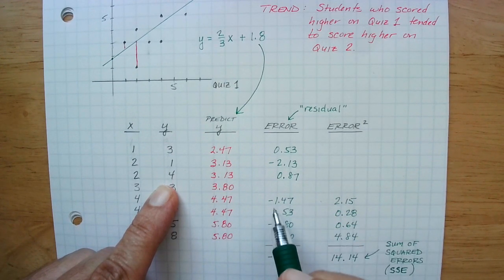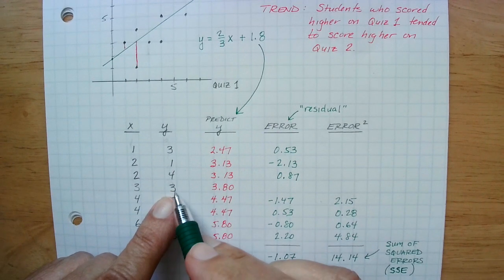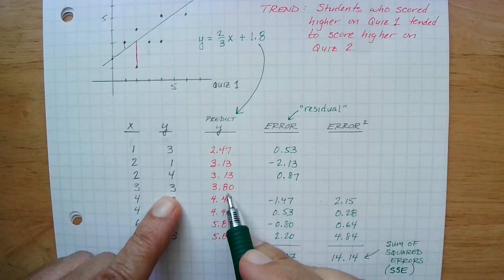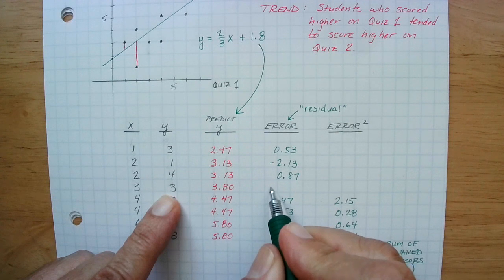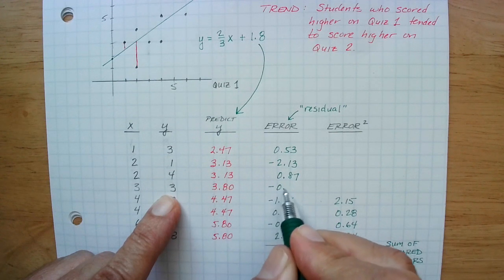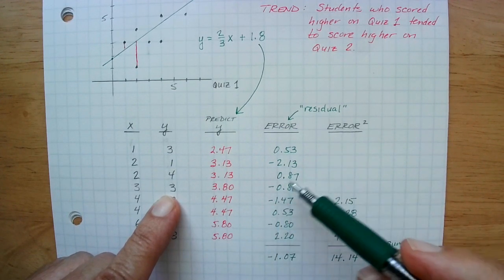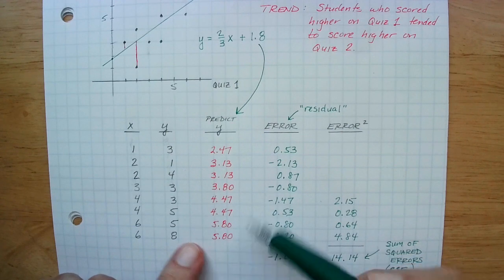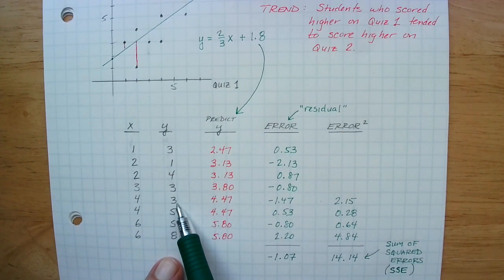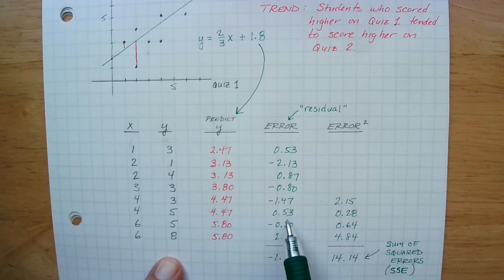And the last one here, 3 minus 3.8 would be negative 0.80. Those are all the errors, and I already did that for these other ones. Take what really happened minus what you predicted to happen, and these are errors.